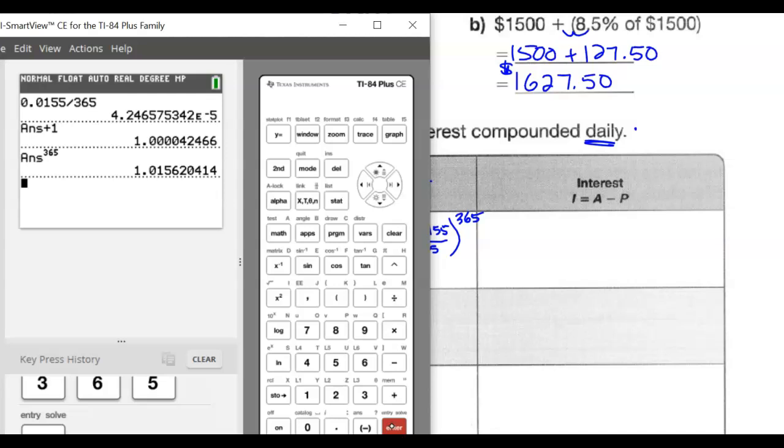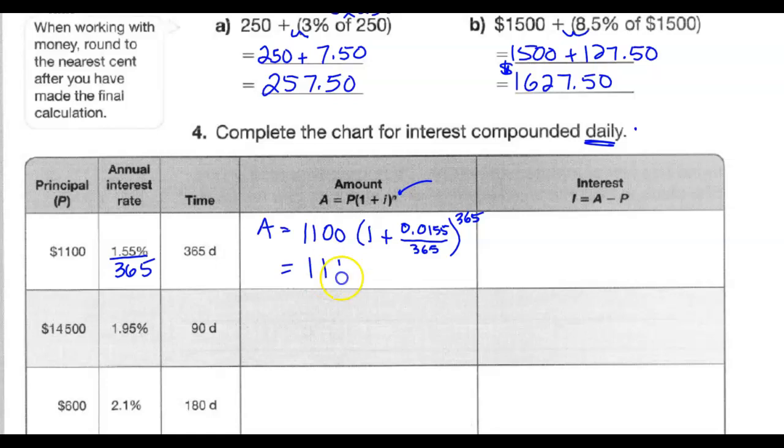Okay, and then we'll multiply by the principal. That's how you do it on any calculator. On a graphing calculator like mine, which shows all the steps, you could just enter it all in. So it's money, and so 1,117.18.